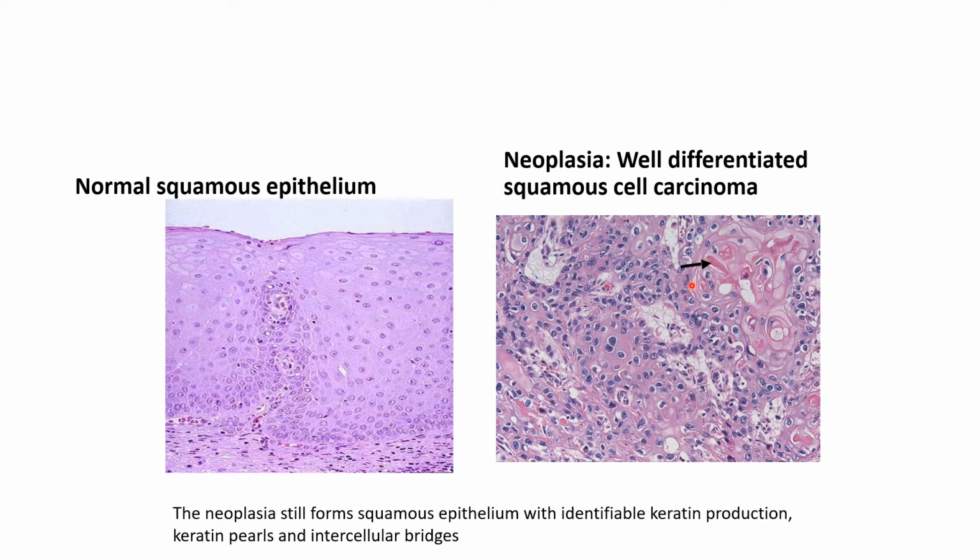You can still see the squamous epithelium features with identifiable keratin production, such as at the arrow, keratin pearls, and intercellular bridges. And that is why we call this a well-differentiated squamous cell carcinoma. It still has the features of squamous epithelium, even though it is a malignant tumor.